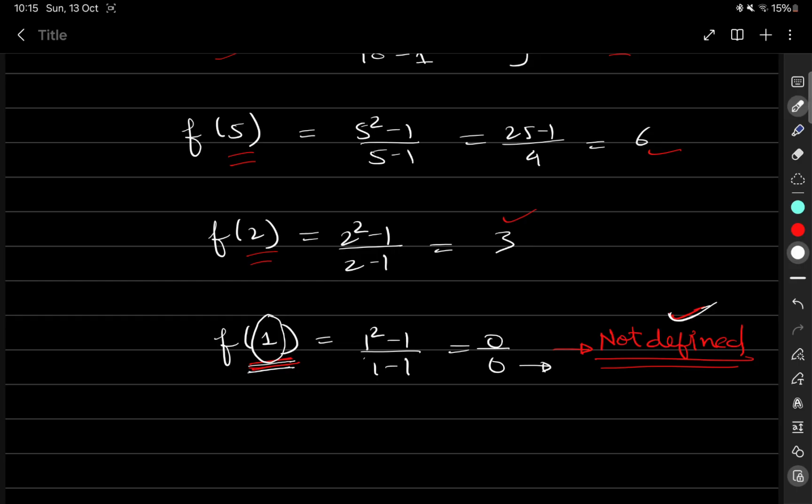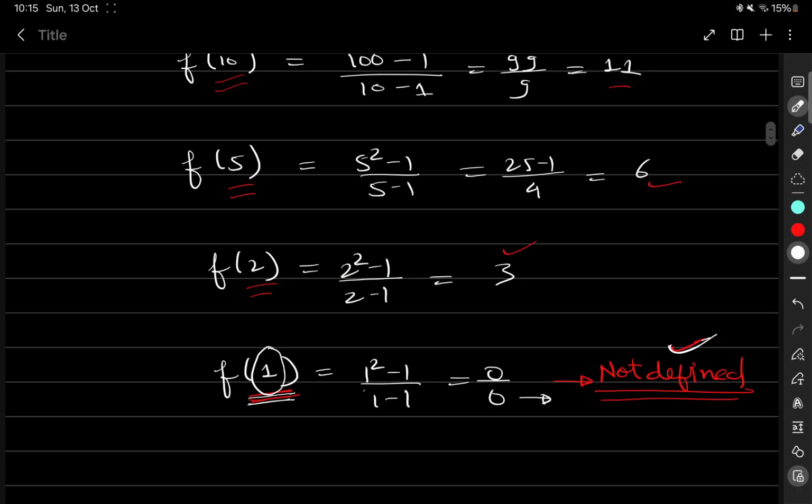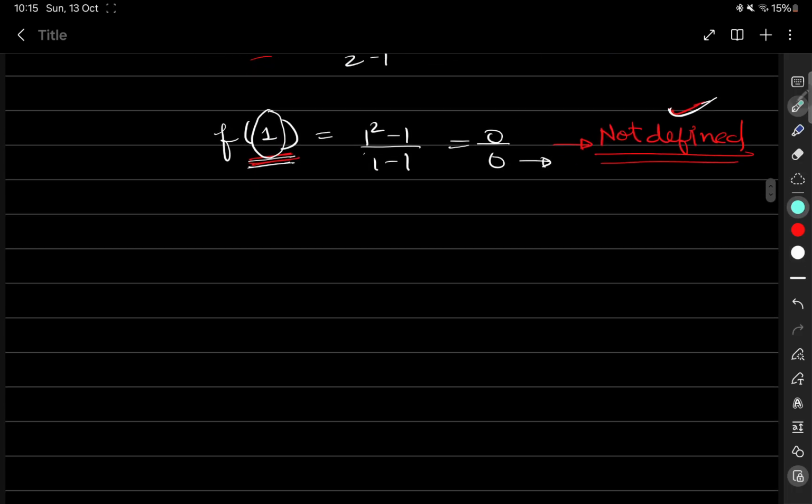That means for a function we are unable to find the value at a specific input. Then what will we do? We will go to limits. Then the limit says, okay, no problem, you are unable to find the value at a specific point. Then find the value at its neighborhood points.